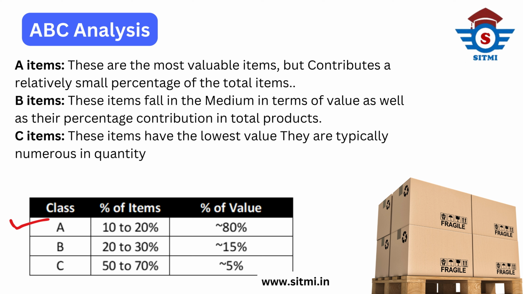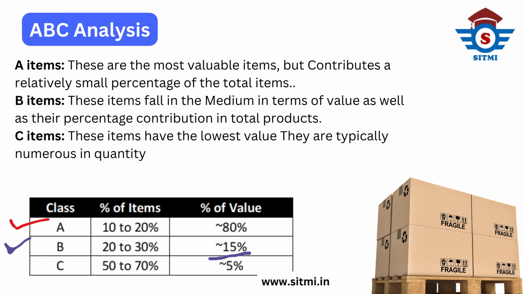Then next is B class items. These items fall in the medium in terms of value as well as their percentage contribution in the total products. Typically 20 to 30% of the items, which account for the remaining 15% of the inventory value, are part of B class products. And finally, C class items.